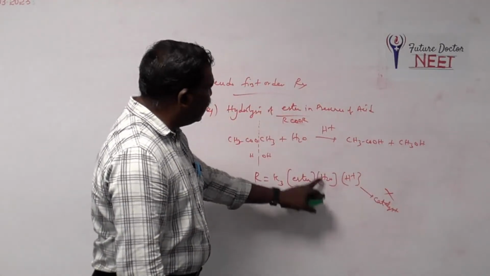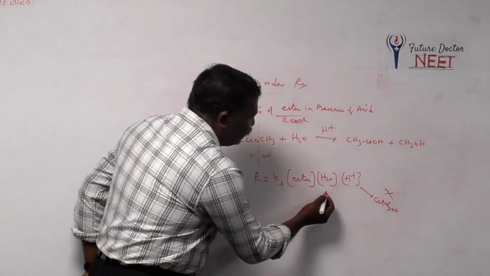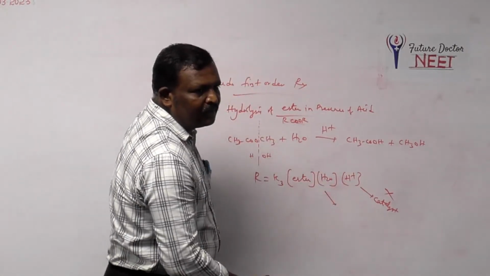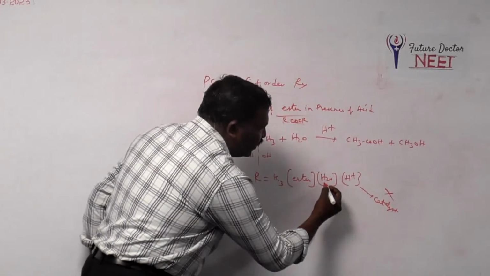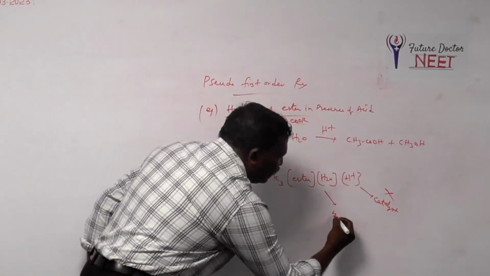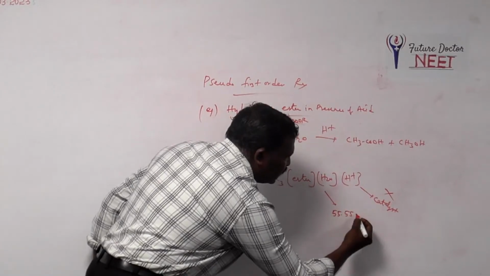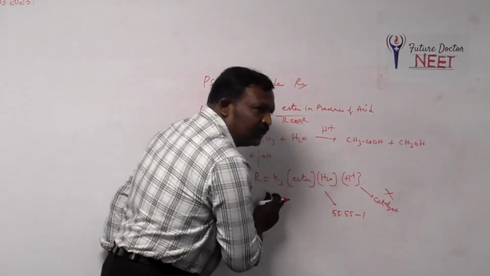For hydrolysis of ester, only a few moles of H2O are needed. We are taking 55 moles of H2O, of which only 1 mole is consumed for this.